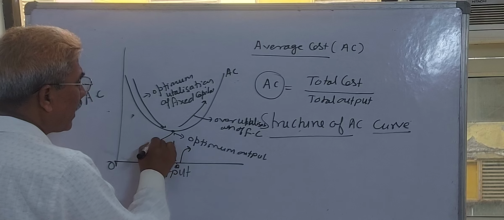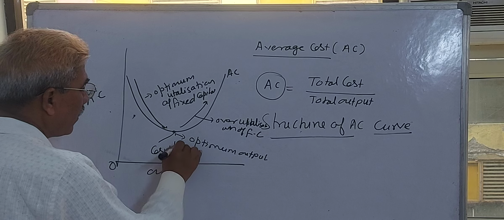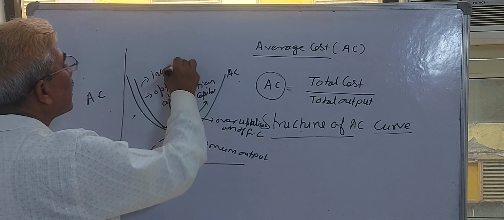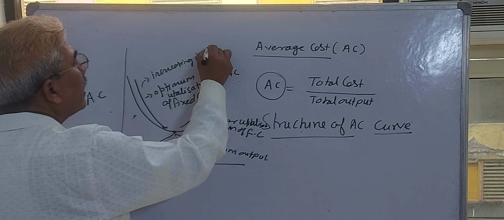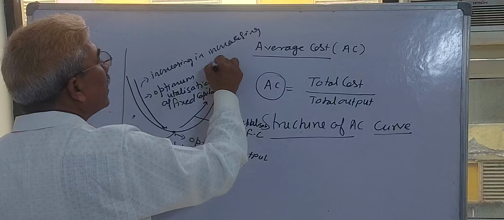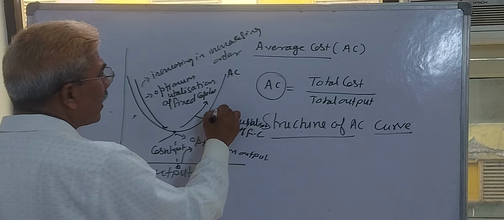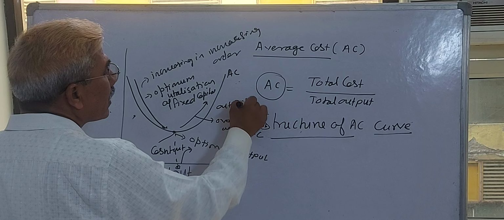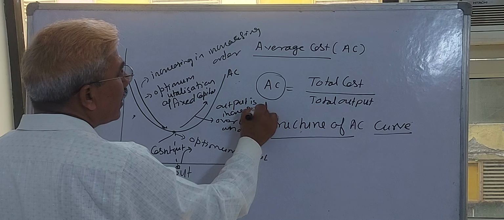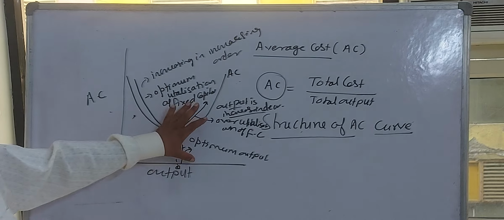Output is still increasing, but in decreasing order. This is the point which you have to understand.